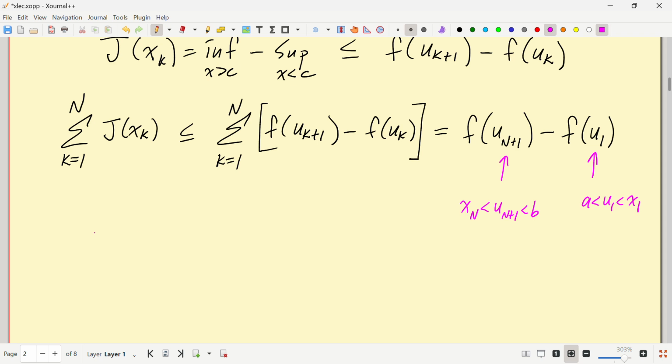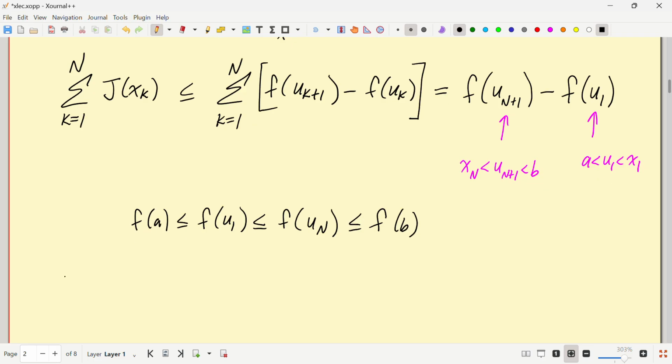And since, what do I have? I'd have f of a is less than or equal to f of u1, I'm probably going overboard on this, is less than or equal to f of u n plus 1 is less than or equal to f of b because it's increasing.